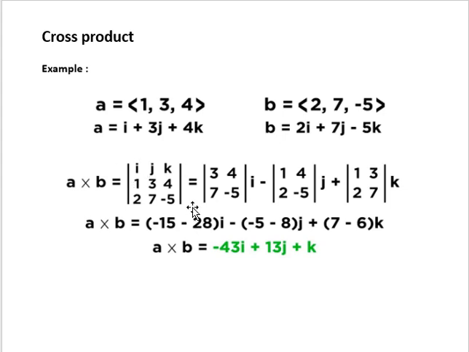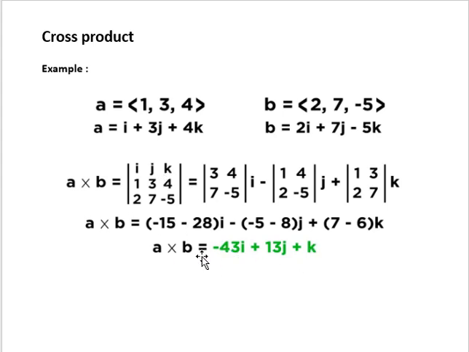And the formula of the cross product can also be written like this: i j k, 1 3 4, 2 7 minus 5. If I break this determinant, we will have this. So we can simply apply this formula to find the cross product.